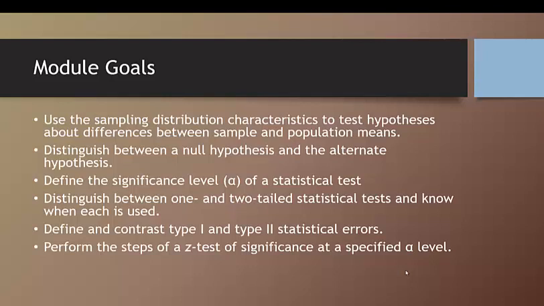Define the significance level of a statistical test at the 0.05 significance level or the 0.01. Distinguish between a 1-tailed and a 2-tailed statistical test and know when each is used. Define and contrast type 1 and type 2 statistical errors. And then finally perform the steps of a z-test of significance at a specified alpha level.